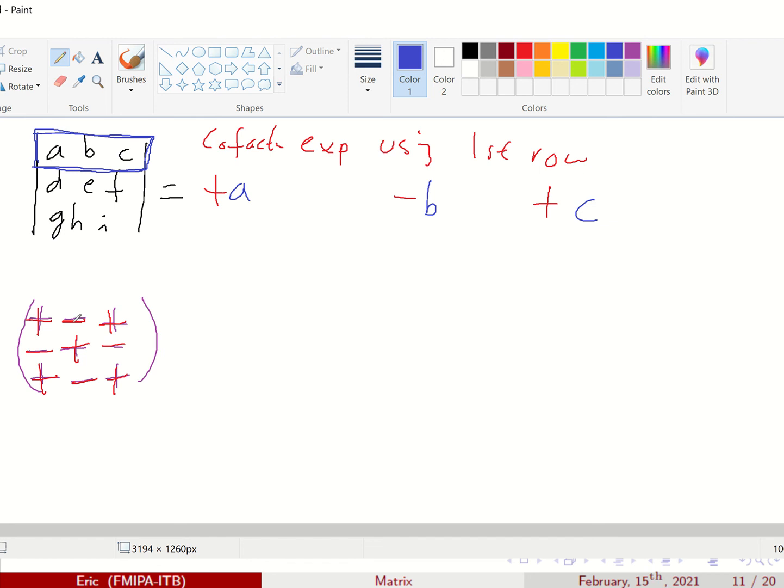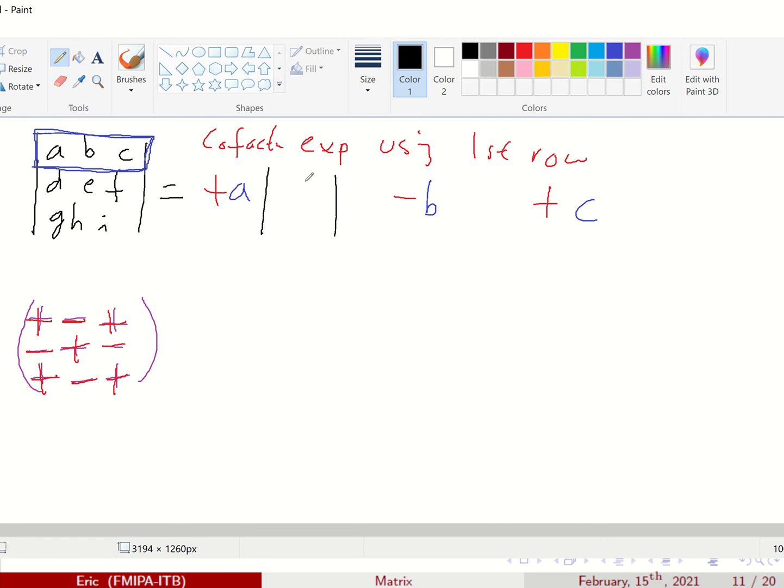B, negative, is the first row, second column. Plus is the first row and third column. And you have to multiply with the submatrix, the 2 times 2 matrix.